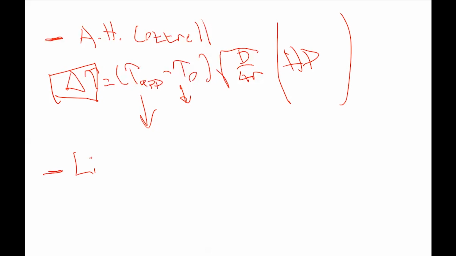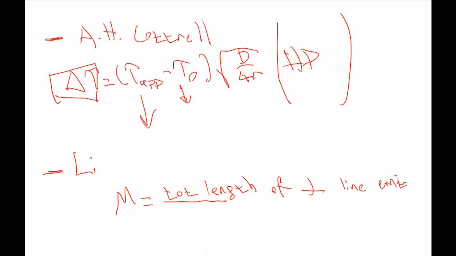And in this model, the ability of grain boundary to emit dislocation can be characterized by a new parameter mu, and the new parameter is just the total length of dislocation line emitted, divided by the unit area of grain boundary.